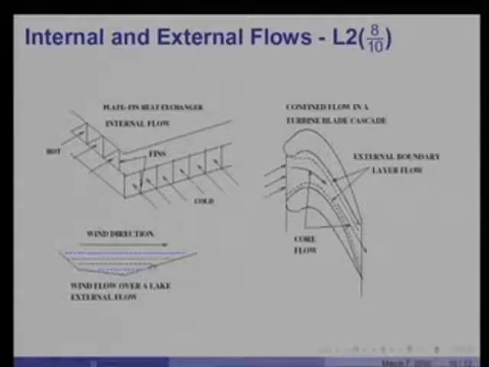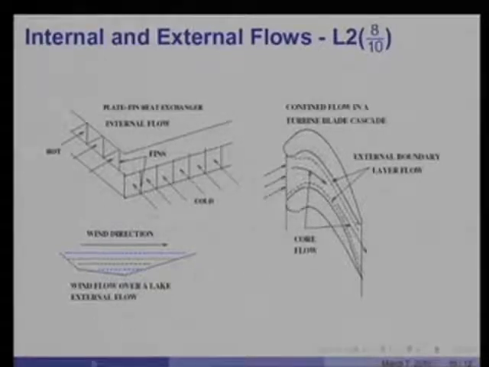But as I said, if we consider wind flow over a lake, then clearly the interface is between the water surface and the wind, and we have a situation of a flow bounded by a wall on one side, that is the water surface. But on the other side, it's a completely free expanse. Such a flow we consider as external flow.